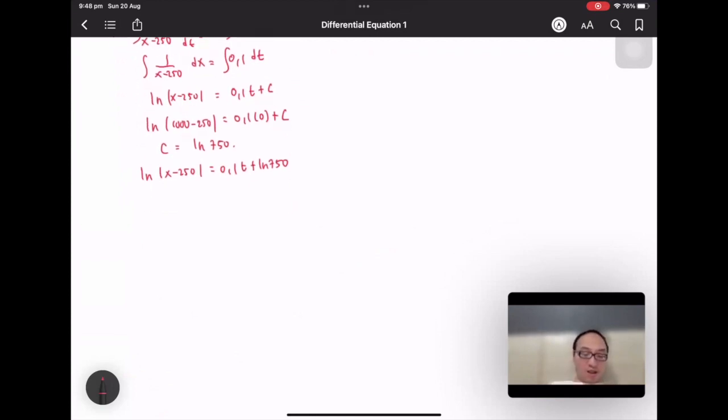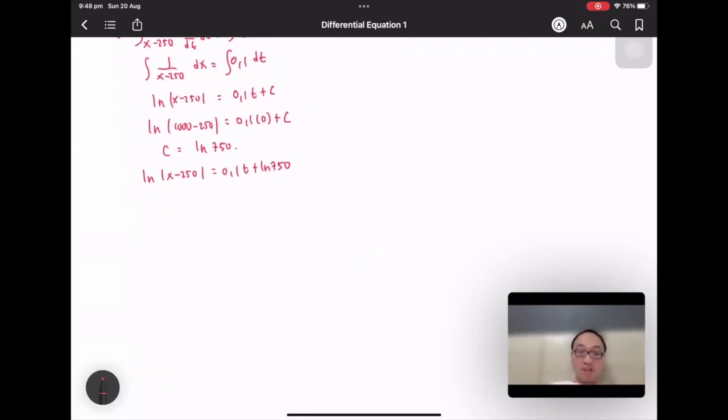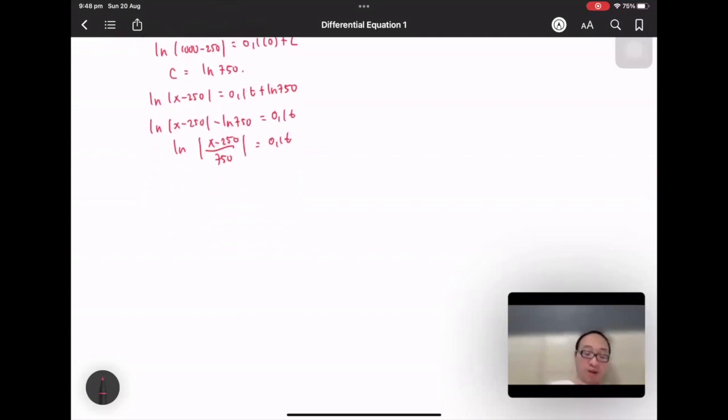And then I have to make x the subject, so I have to combine the ln: ln(x minus 250) minus ln 750 equals 0.1t. So ln minus ln becomes ln of (x minus 250) over 750 equals 0.1t. And then remove the ln by taking e to the power.